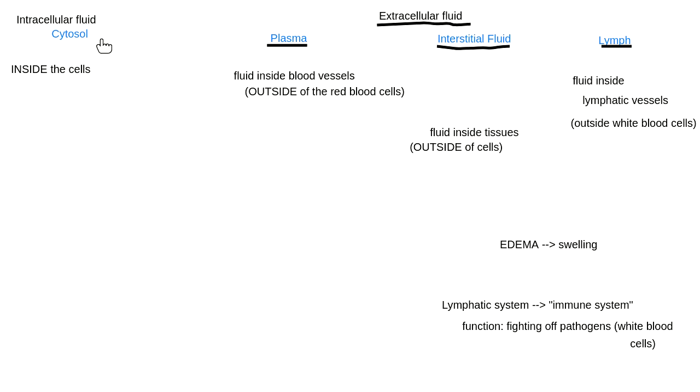My big thing to note here is that cytosol is the only kind of fluid that's found inside my cells. And so if we're talking about a red blood cell, the fluid that's inside the red blood cell, I call that cytosol. If we're talking about the fluid that's on the outside, we call it plasma. If we bounce over to us being inside a tissue, all the fluid that's outside those cells, now I call it interstitial fluid, but I always call that fluid inside the cell cytosol, every single time without fail.